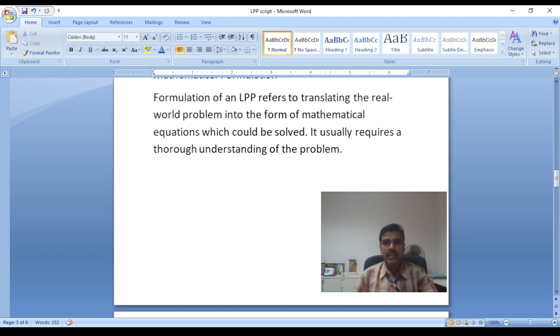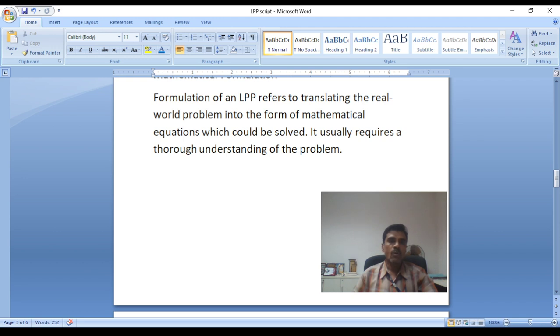For solving the LPP problem, we normally use either the graphical method or the simplex method. The graphical method can be used only when there are two decision variables.